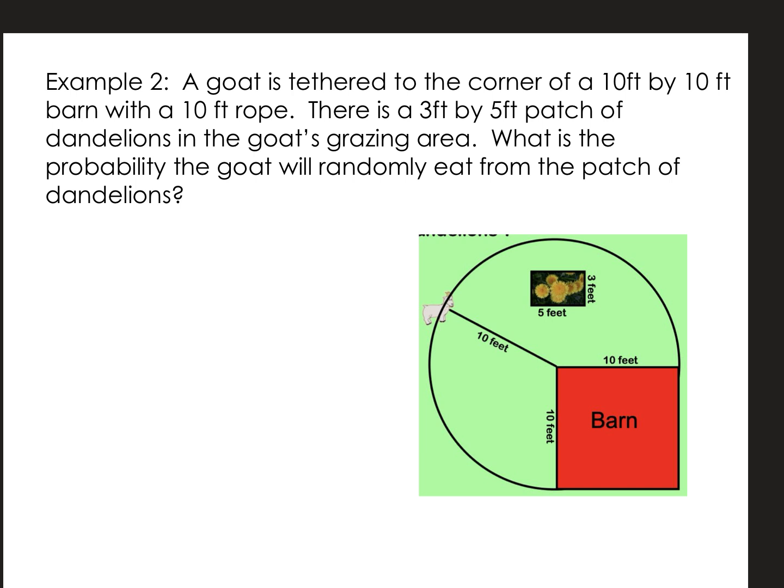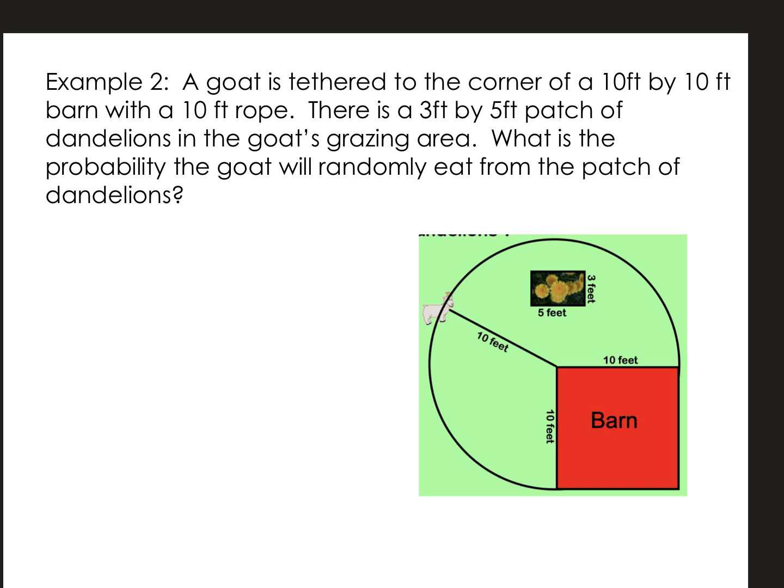Or if goats don't like dandelions, like maybe they taste kind of bitter, then that changes it too. But assuming it's completely random, then now I've got to figure out not just the area of a circle, you've got to do a lot more math. It's actually pretty complicated. Can you just take the area of the circle and subtract off the area of the square? No, because the square goes outside the circle.